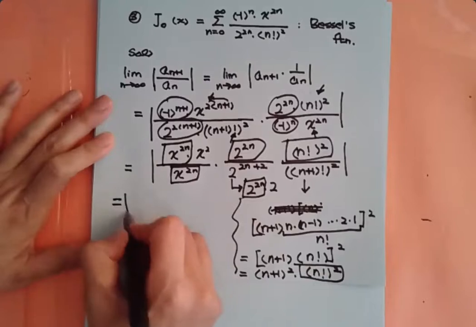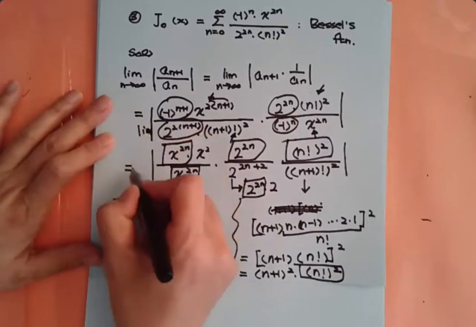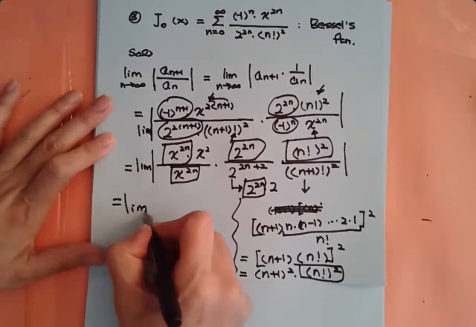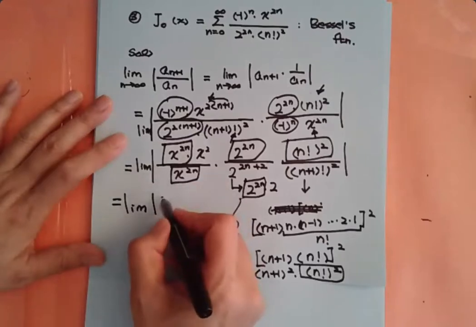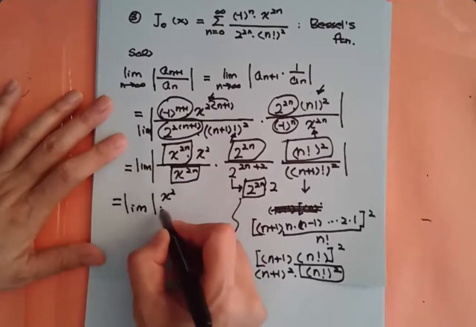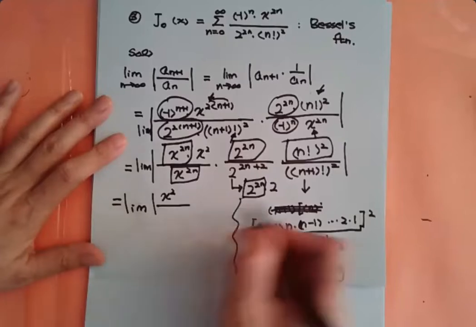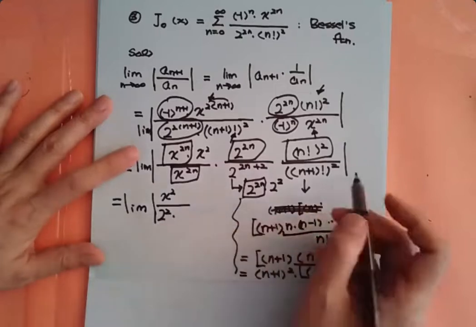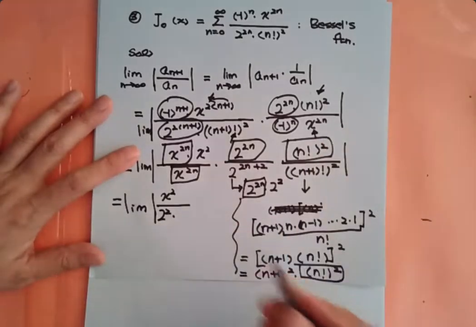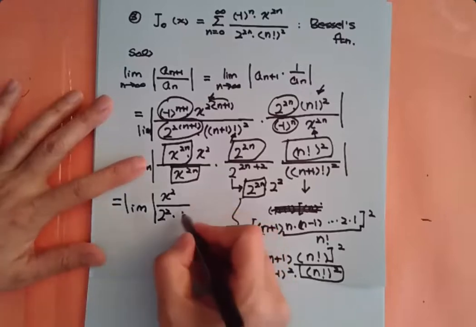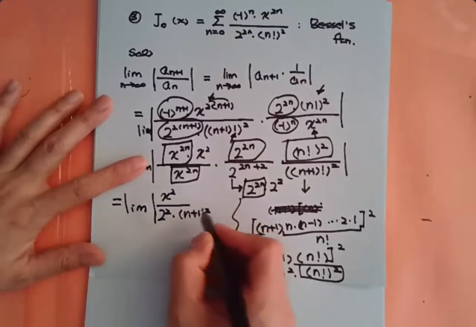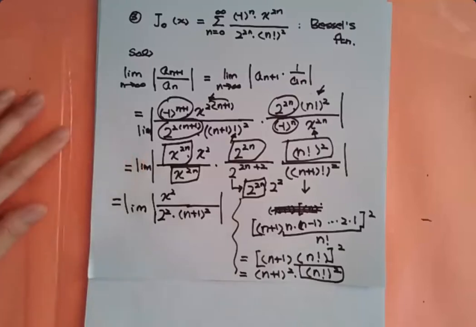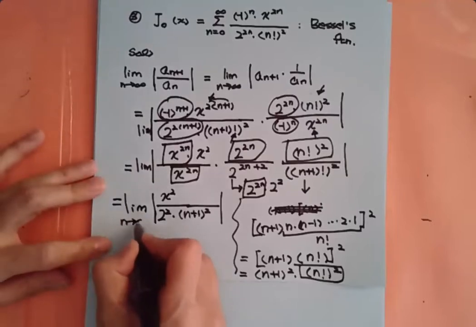What we are getting is, with the absolute value, the limit of the absolute value of x squared over 2 squared times 1 over (n plus 1) squared, as n goes to infinity.